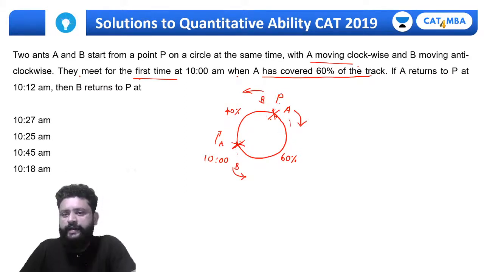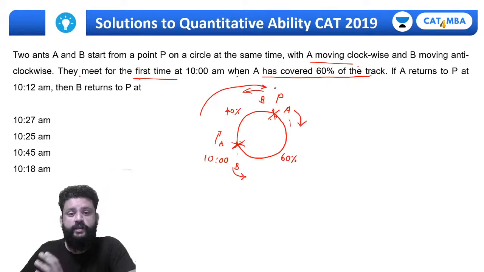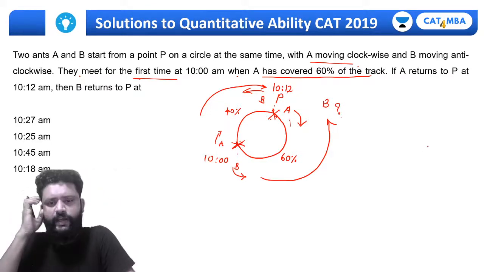A reached the point P, A को यहां से यहां आने के लिए 12 minutes लगे, so it took 12 minutes for A to reach this point. So at what time did B reach point P? Anyone who can answer this?